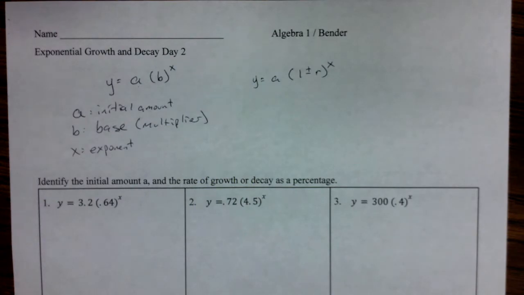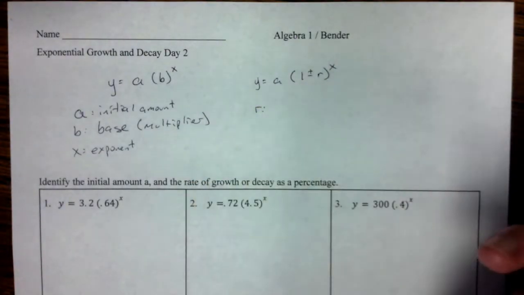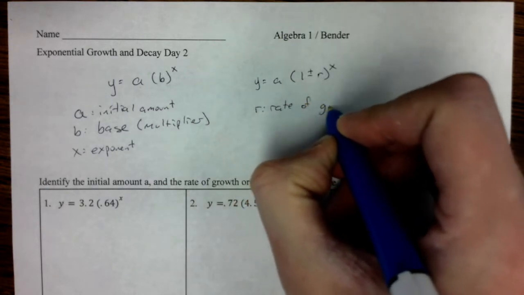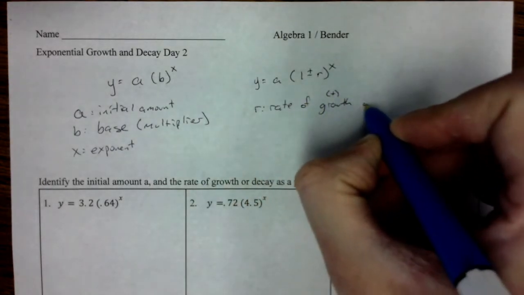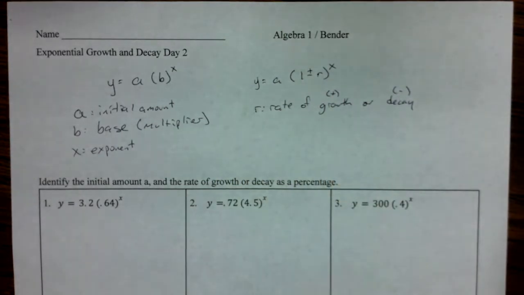Now notice the B was replaced with 1 plus or minus R. We're getting a little complicated with plus or minus, but bear with me here. R is referred to as a rate of growth when R is positive, or decay when R is negative.